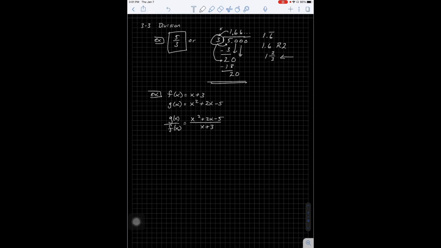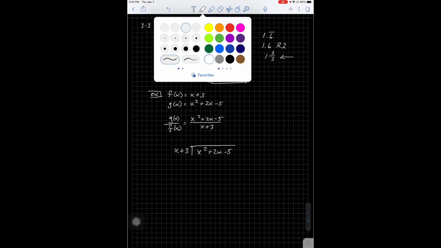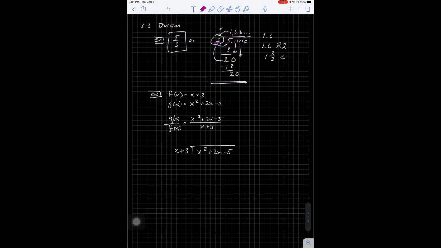So first of all, it's g divided by f. The one on top goes underneath the divisor, and the one underneath goes out front. Okay. And what you're going to do is very similarly like we did up here. We said, how many times does 3 go into this first number? We're going to do the same thing here.